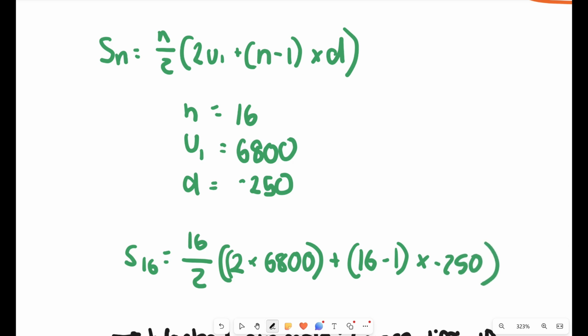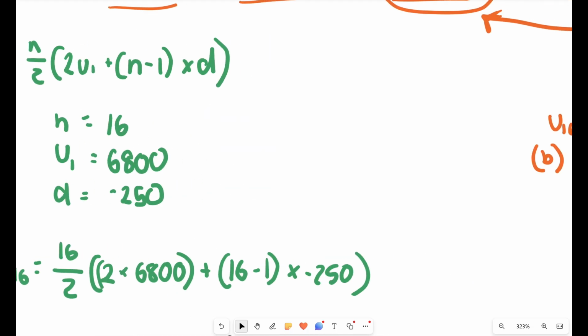Once again, the brackets are extremely important within these types of questions because the formulae all require brackets and therefore BIDMAS applies. You can do this by hand, but I would recommend doing it in your calculator because then you minimize the risk of making a small mistake that can affect your entire answer.